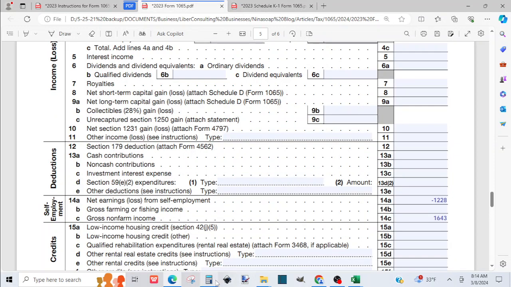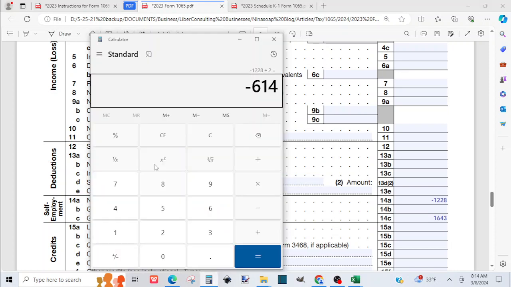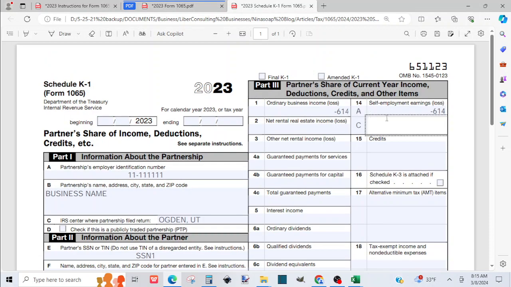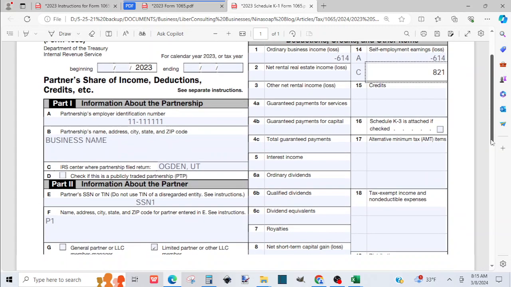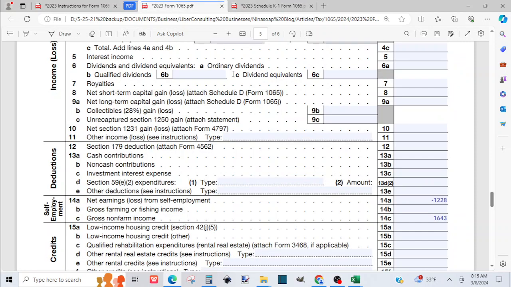And what will we put? The amount, the income, we'll put 1643 divided by 2. Again, what I'm doing is 1643 times 0.5, like 50% ownership. If I go back, it will be like this because I'm rounding. And let's see where else we have numbers.